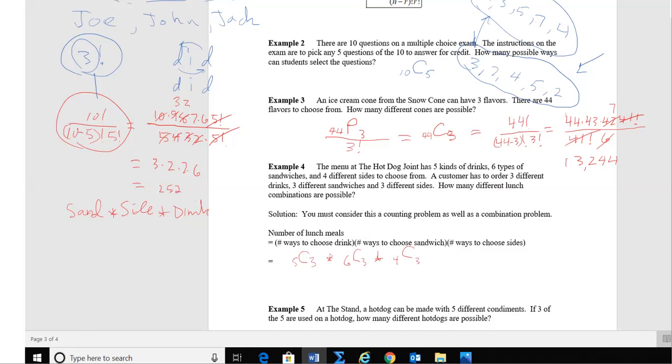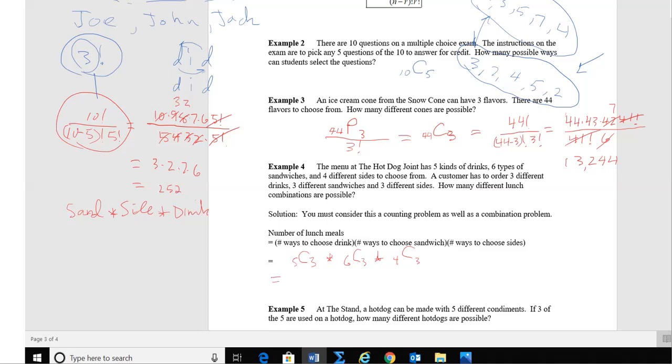Okay, and again, these are combinations because if you pick 3 of those drinks, it doesn't matter how you order them up. A Coke, Pepsi, root beer is the same as a root beer, Coke, Pepsi. The order is not going to matter when you pick those 3 drinks. It will not matter.